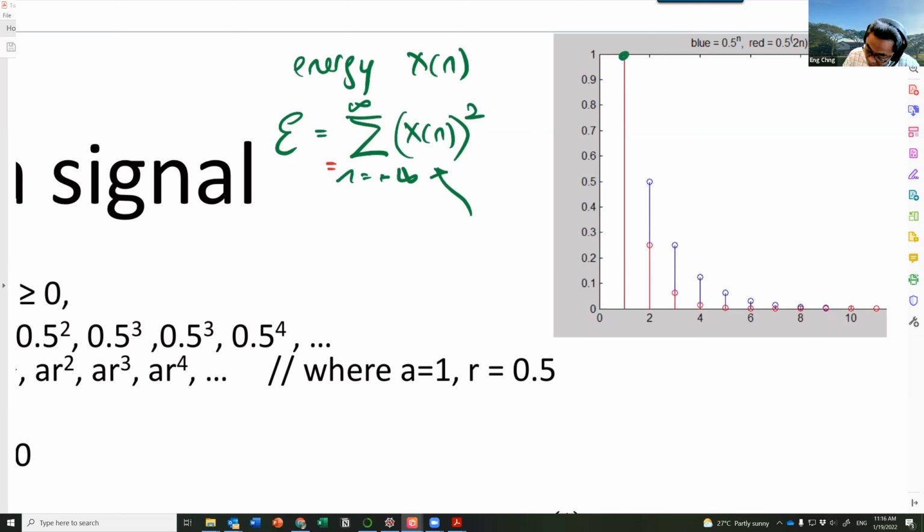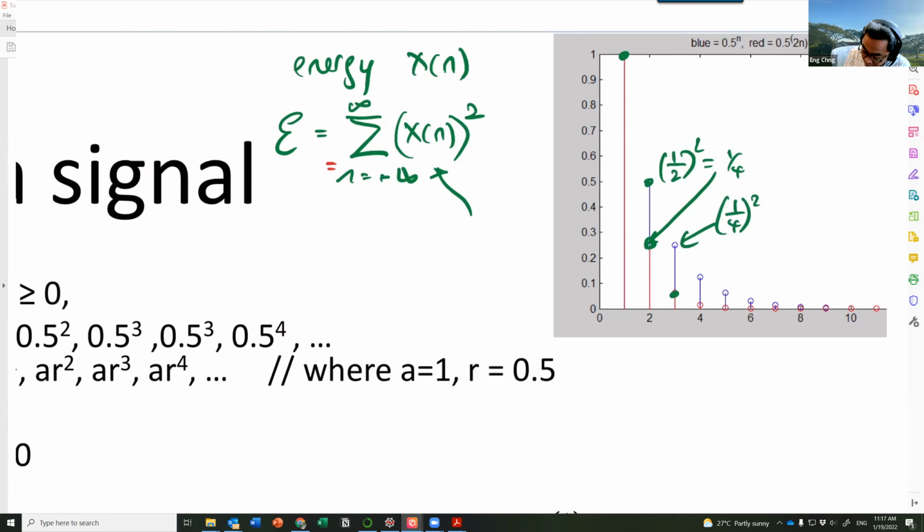The first value is 1, and 1 squared is 1. The second value is half, and half squared is 1/4. Where's 1/4? This guy. What about this guy? It was 1/4, and squared, 1/16, and so on and so forth.